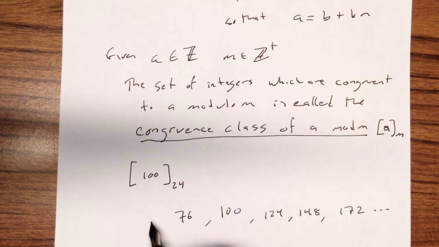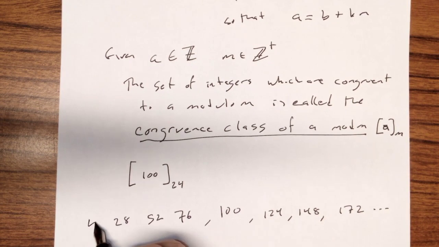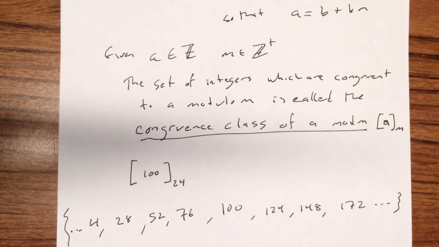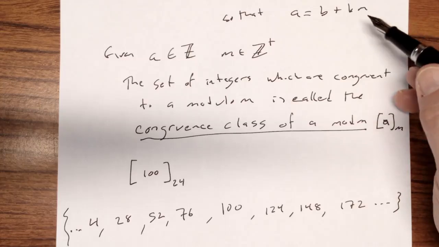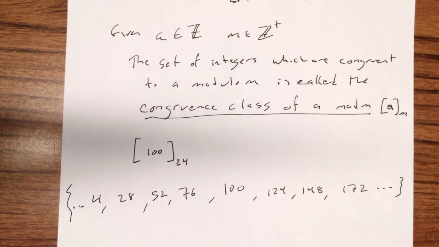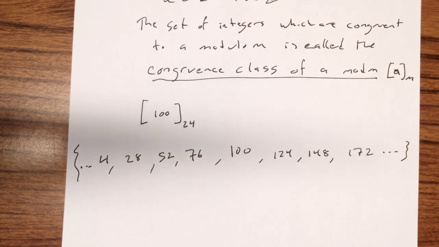Subtract another 24 and you get 52. Subtract another 24, you get 28. Subtract another 24, you get 4. This set is infinite and contains numbers that differ from each other by multiples of 24. But it works for any congruence, any modulus M.